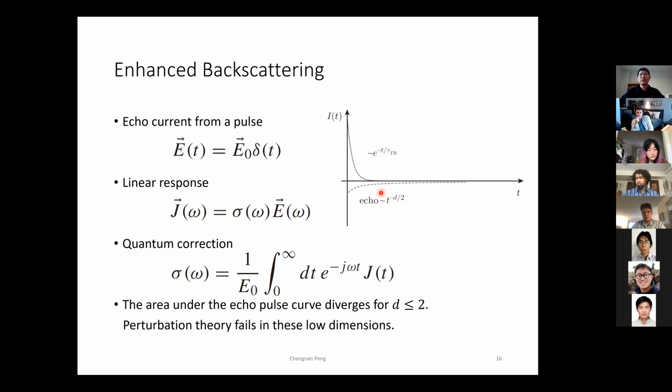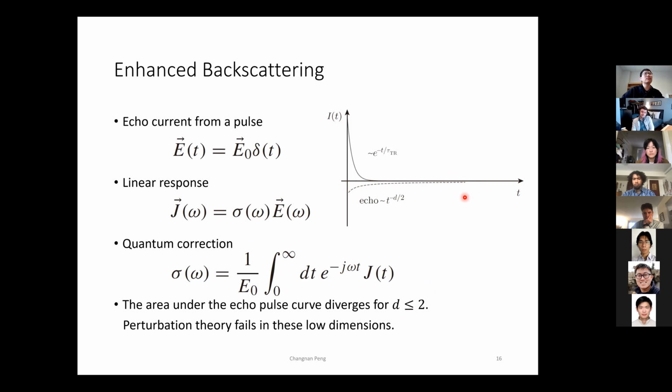The formula for this current echo is that it decays not exponentially, but as t to the minus D over 2. That power D over 2 comes from the return probability in dimension D. So we can see that for D smaller or equal to 2, the time integral of this echo current diverges.